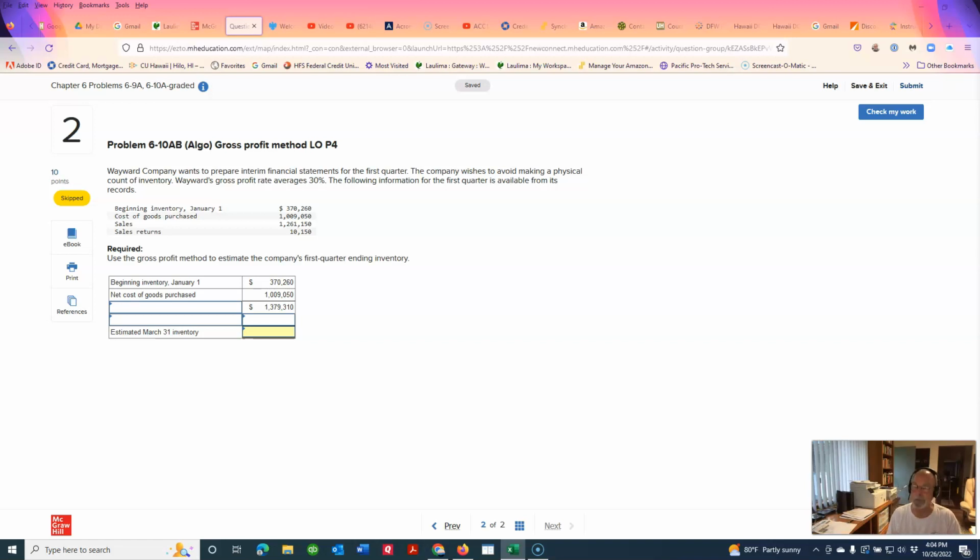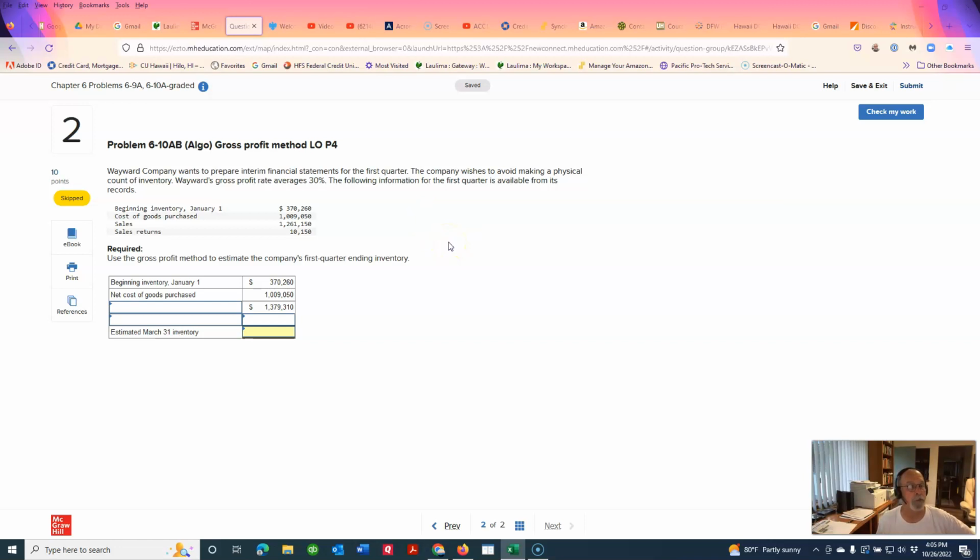I'm just going to add 6-10A to the file title. And let's see. Okay, problem 6-10A, which is an algorithmic problem. Gross profit method, learning objective P4. Same learning objective as for the retail inventory method.